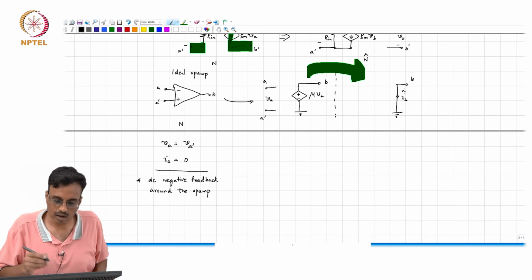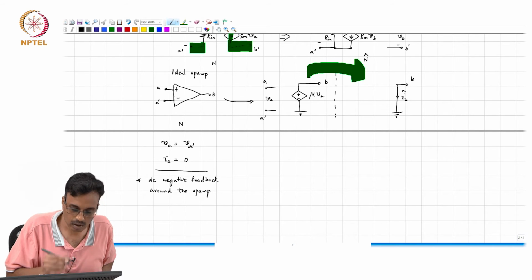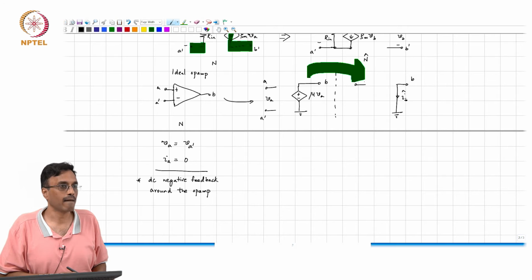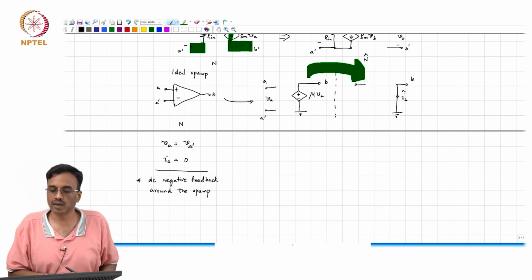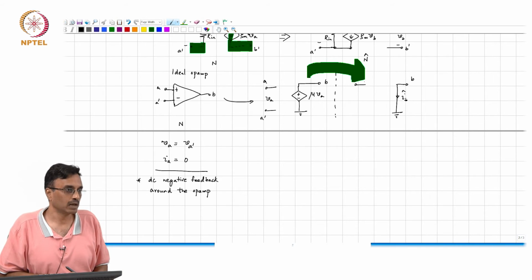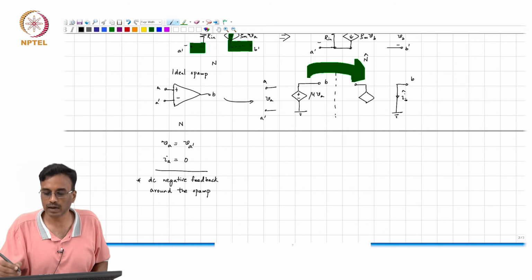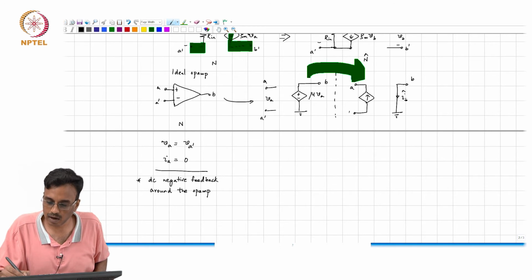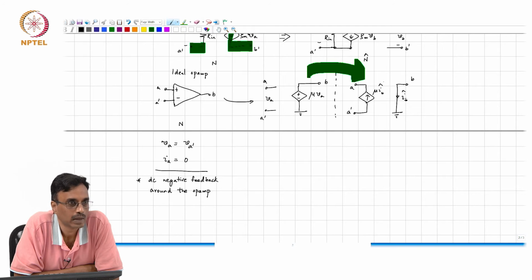Let me just change the signs to B. And what must be the controlled port? This is a voltage controlled voltage source for the original network. So, what did we say for the current controlled current source? What must be the sense of the current? Going up or coming down? Going up. So, this is A prime, and this is mu times IB. Is that clear?